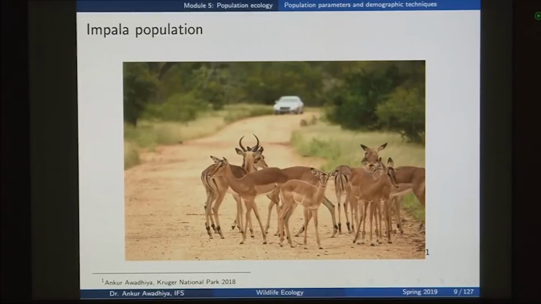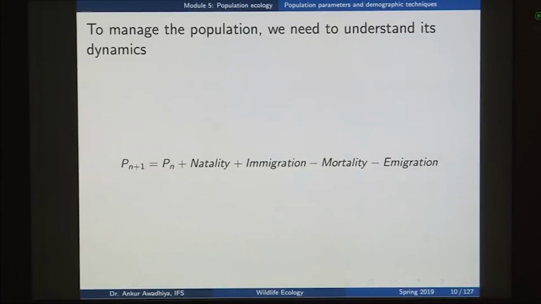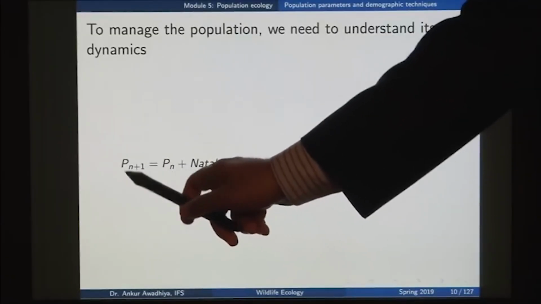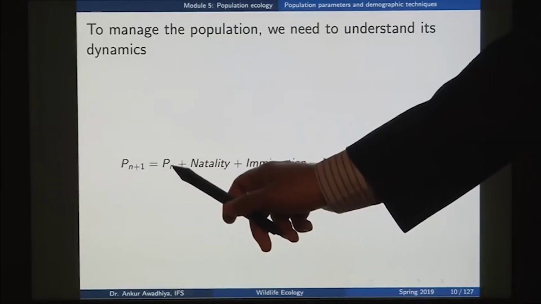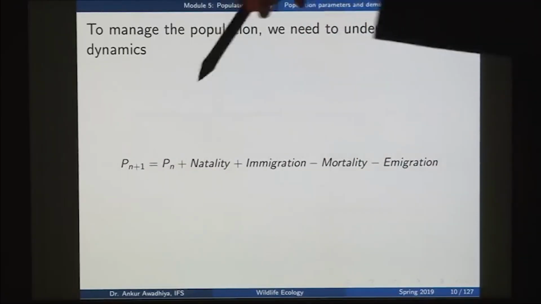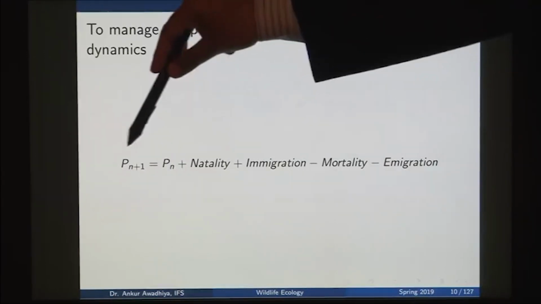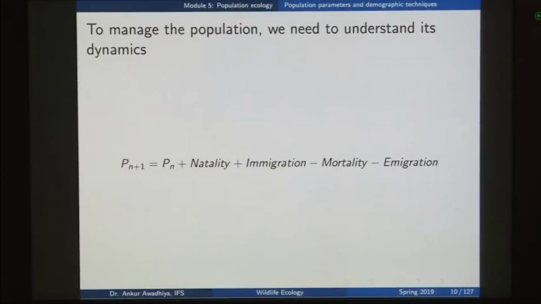Now, if that is our aim, we want to understand how this population will move with time. So, this is the equation that regulates the growth or decline of a population. We have P n plus 1, which is the population at a time that is n plus 1 years, is equal to P n, that is the population at the nth year. So here we are saying that this was the population in the nth year, what is the population in the next year, that is P n plus 1.